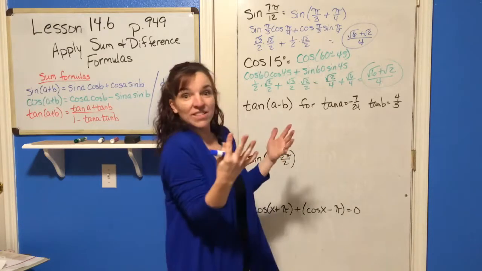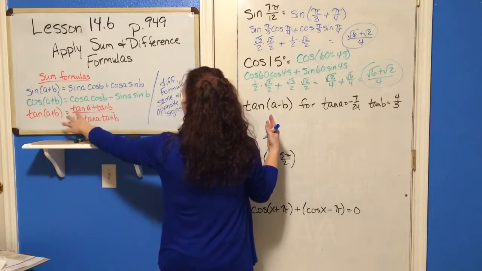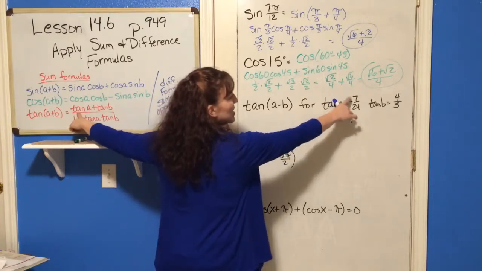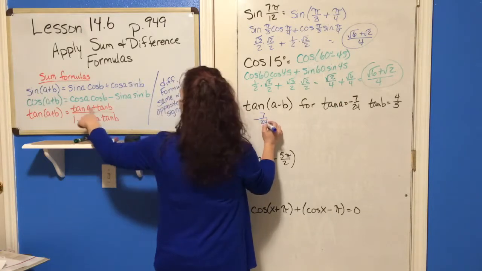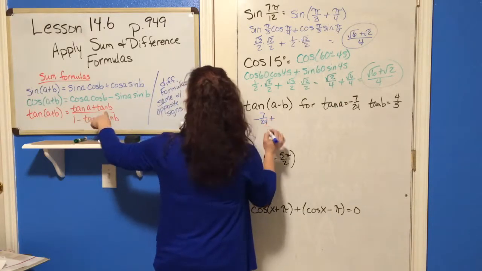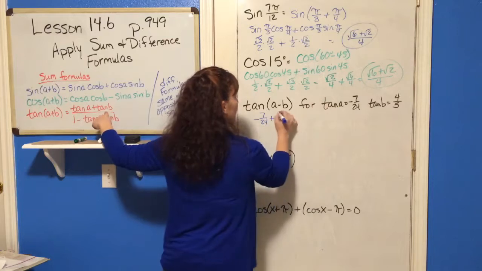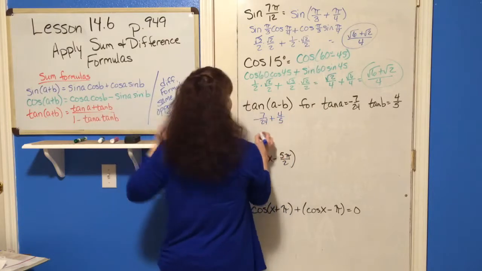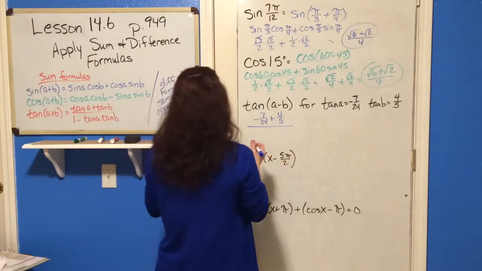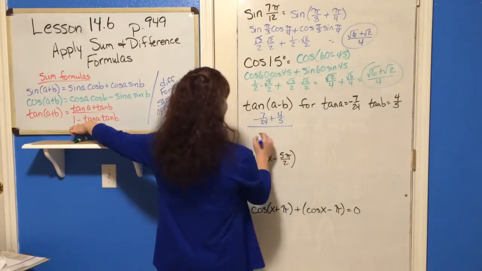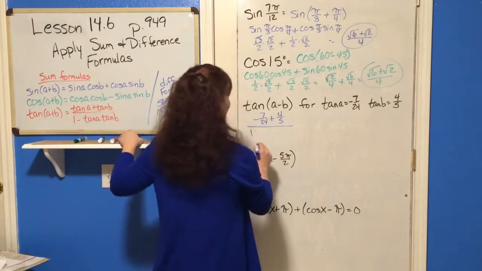So plug in the pieces. You can look at the formula here. Tangent of A is negative 7/24 plus tangent of B, which we said is 4/5. And that's all over, so we're going to end up with a compound fraction, but you can do that. And then 1, and guess what? I did it.